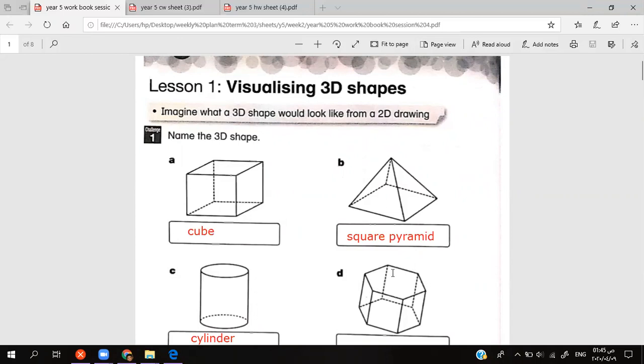Here, what's the name of this shape? The end. Let's count the sides. 1, 2, 3, 4, 5, 6. So it's a hexagon, right? So it's called a hexagonal prism. Hexagonal prism. Okay.